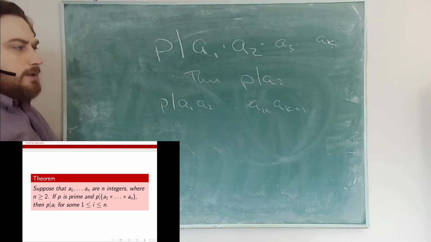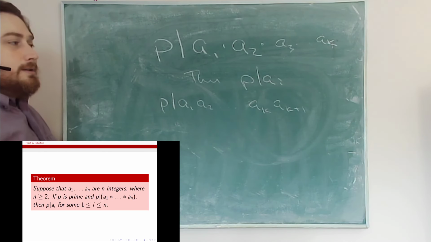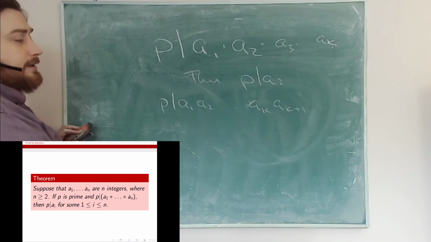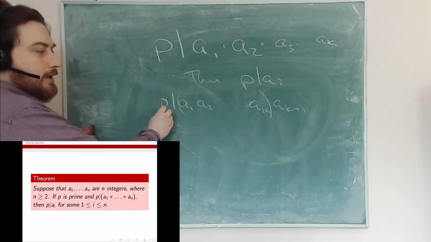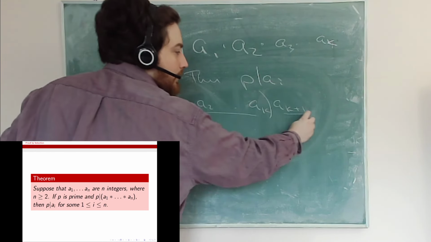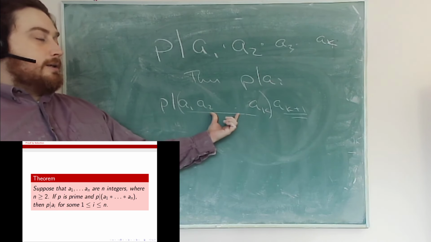All right, so how do we do this? Well, actually, this is a really cool proof because the base case is actually more complicated than the general case. If we just break this up into terms, we have two terms here, and P divides the product of these terms, which is just an integer.